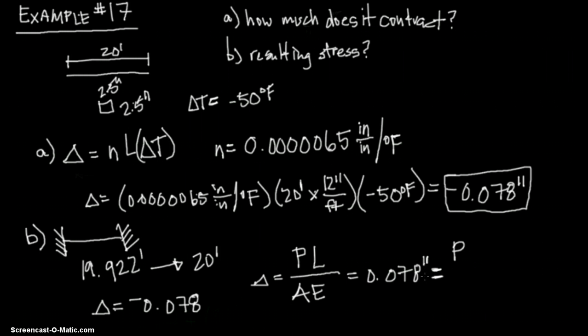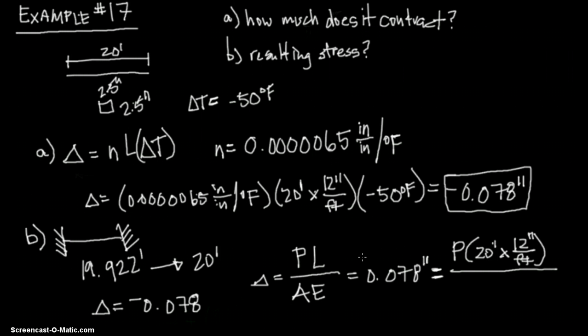Actually, what were we solving for? It says the stress. So we want to find the P, and then we want to divide it by the inches squared. And the L, we know, is 20 foot. 20 foot times 12 inches over feet to get it to inches.